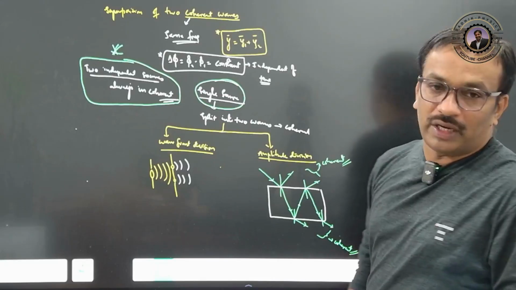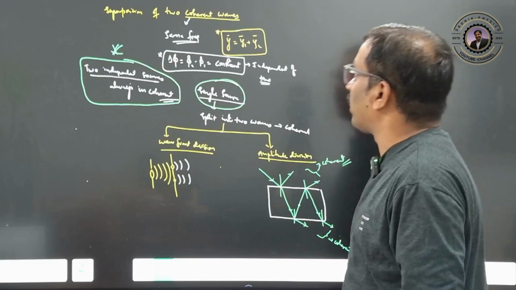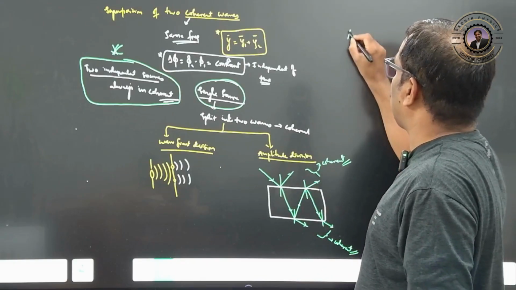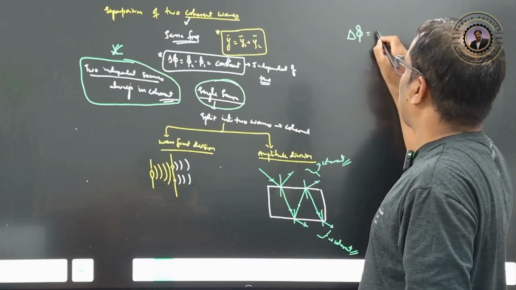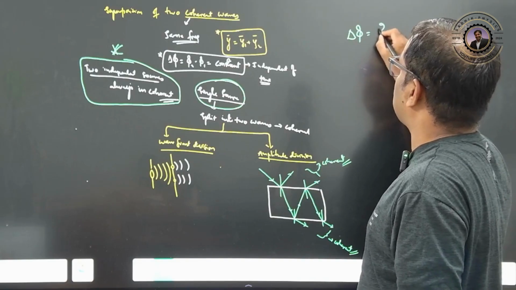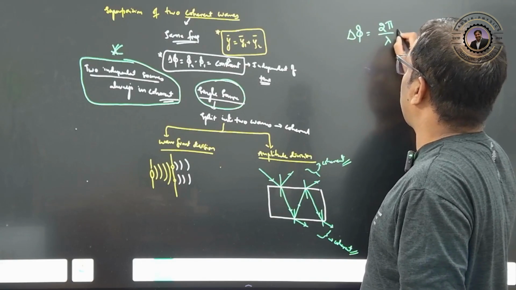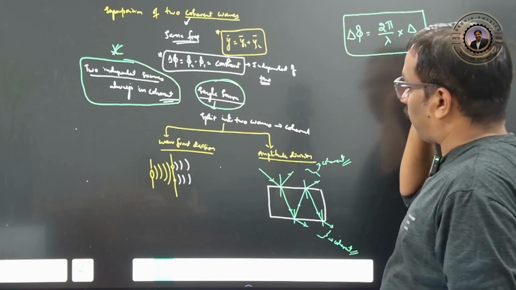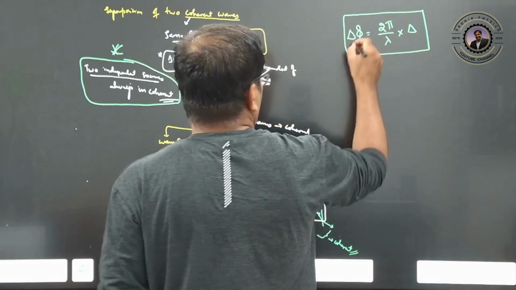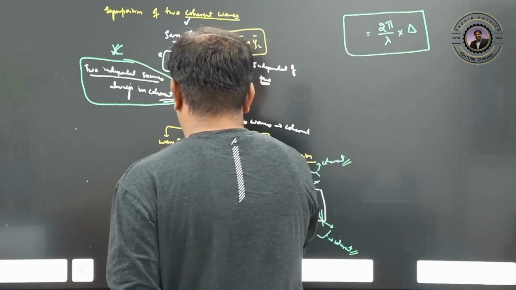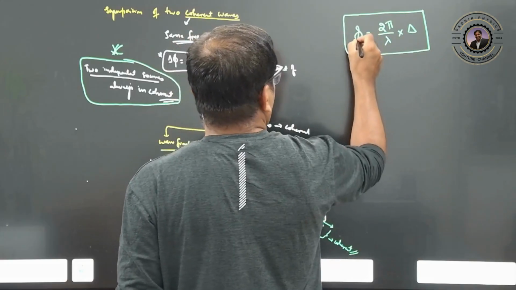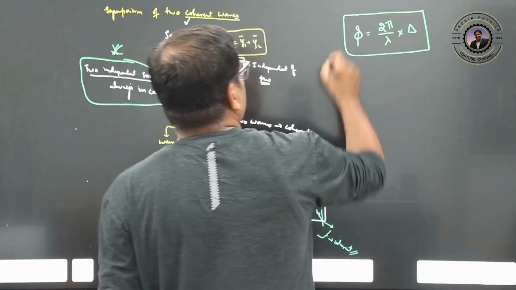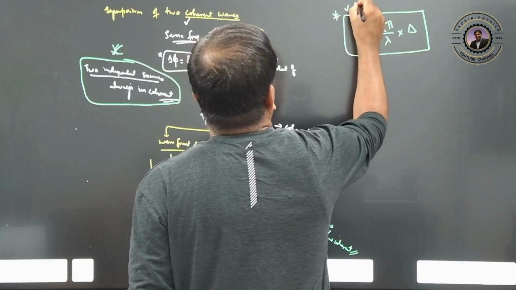Now, how to deal with it? Here one more important piece of information is required: the phase difference. The phase difference is 2 pi by lambda into path difference. This is your phase difference and path difference relation; you can remember this one. Remember this relation, it is very important.